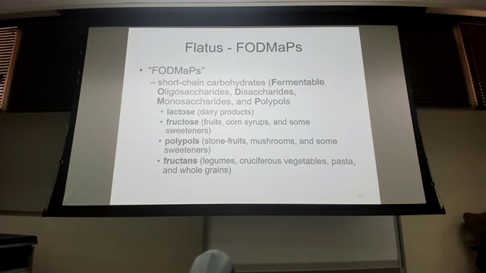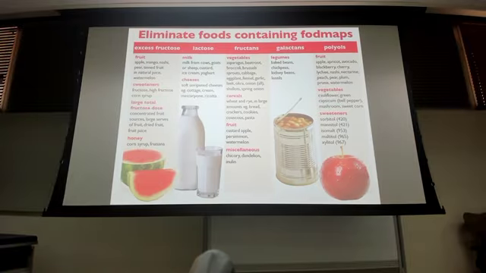These are the carbohydrates you can avoid to see if the patient's flatus symptoms decrease. The next slide is just a visual of the same thing: which foods you can have patients avoid, a FODMAP avoidance diet, to see if their flatus or bloating decreases.